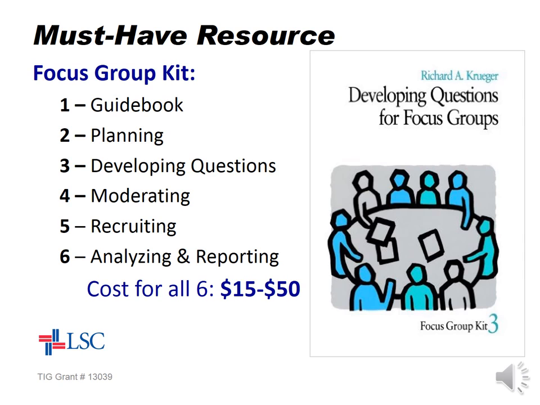So this is the resource that we want you all to get. It's really fabulous. It's a kit of 6 different books that are about 40 pages each, written in very plain language, very easy to get through.